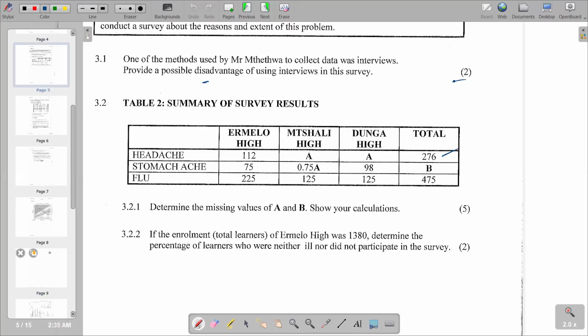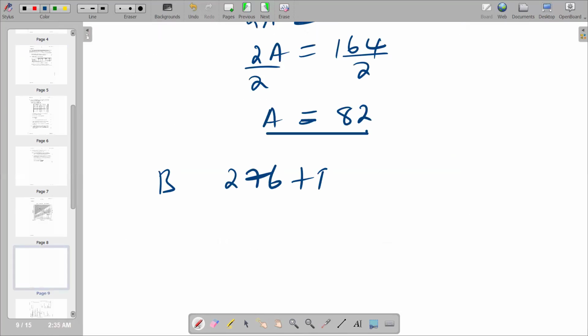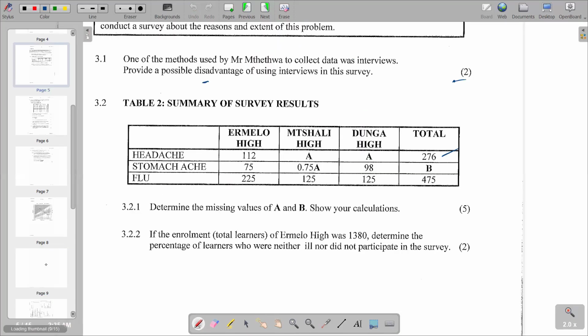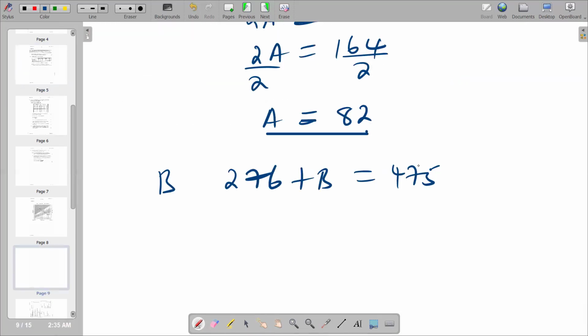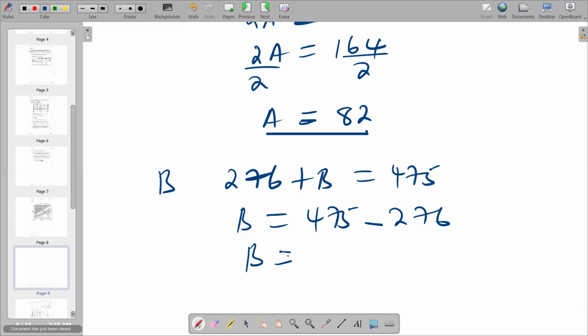So obviously we can make B the subject of the formula, whereby the 276 becomes negative. B is equal to 475 minus 276, then you get 199. So B becomes 199. So this is what we have.